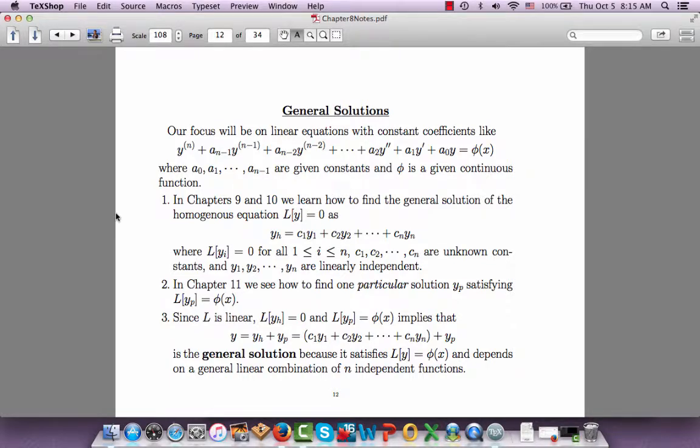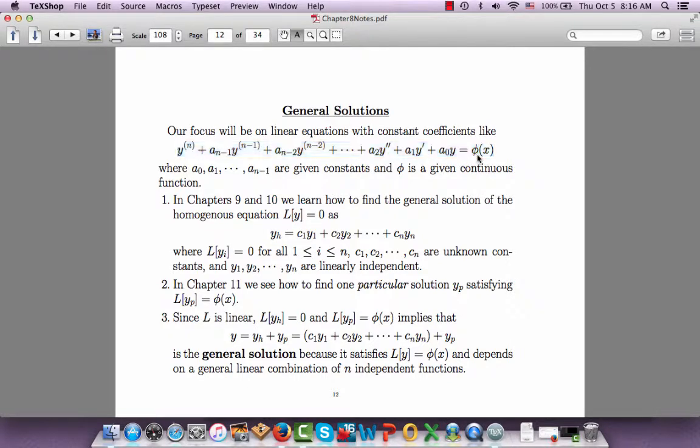So the general idea is we're going to be given equations like this. Notice I've changed the functional coefficients to just numbers, so this is constant coefficients. So we'll have some equation like this. What we're going to find is that there's a really simple step-by-step procedure for finding a general solution.